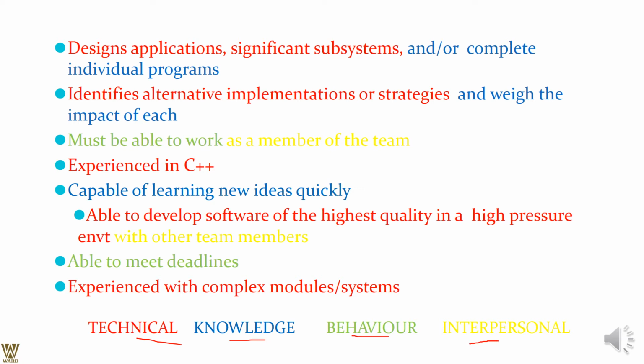I have demarcated them as per the colors required. Technical denotes red, knowledge denotes blue, behaviorals are green, and interpersonals are yellow. If you can read this slide, it says design applications and significant subsystems.